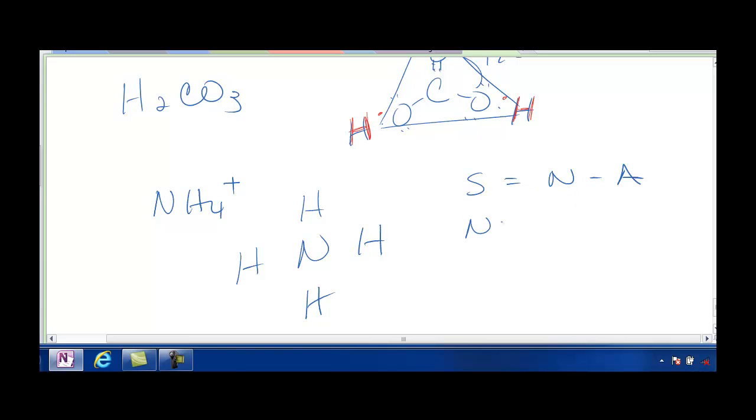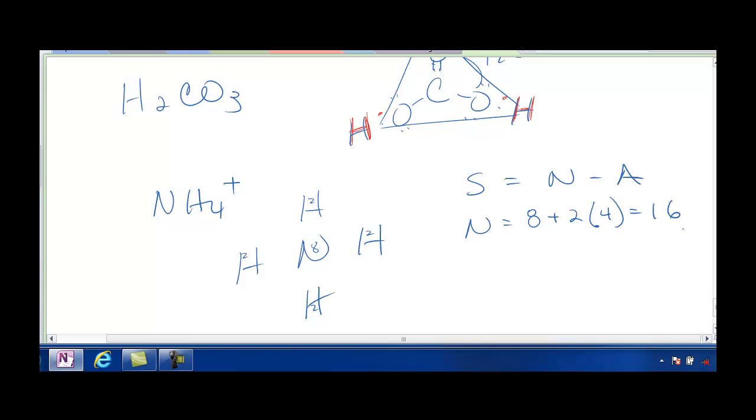What do we need? The nitrogen needs 8. But the hydrogens, do the hydrogens need 8? No. This one needs 2, and this one 2 more, and 2 more, and 2 more. Okay, so I need 8 and 8. 16.